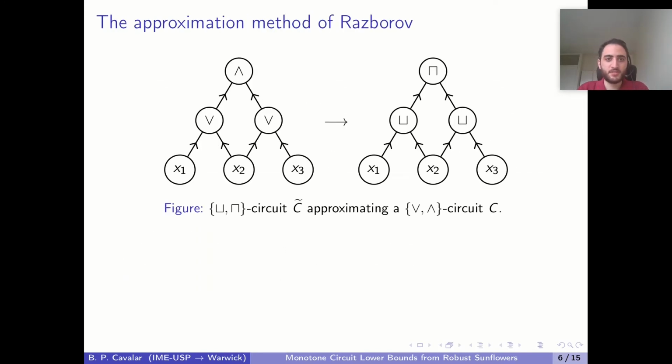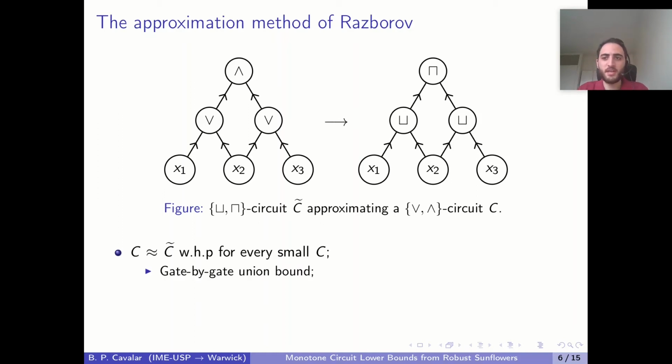So how does the approximation method of Razborov work? Given a circuit C, you want to define for every AND gate an approximate AND gate, and for every OR gate an approximate OR gate. You change the AND gates for approximate AND gates and OR gates for approximate OR gates, and you want to show that this approximate circuit C tilde approximates the original circuit with high probability if the circuit is small, if it doesn't have many gates.